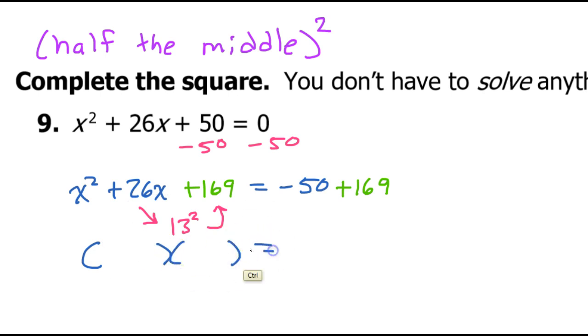So for another minute, I'm going to show this extra step. If I were to factor this, this is going to factor as x plus 13 times x plus 13. Right? You can see where the 13 is coming from. It's the old half of the middle part. All right? 13 times 13 is 169. Now, what's this?